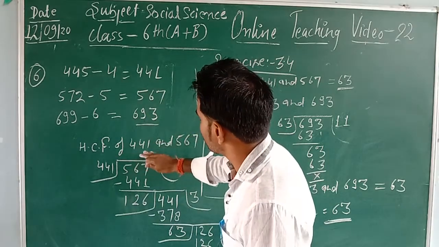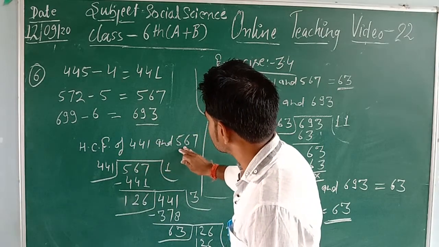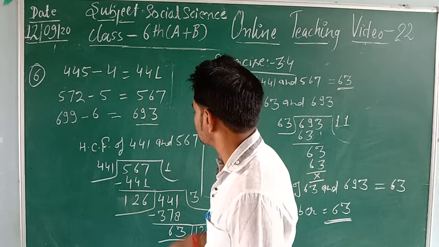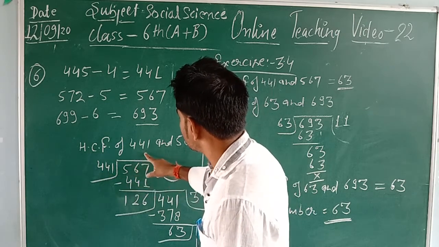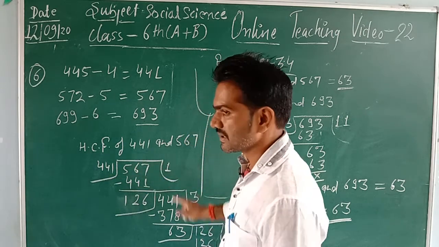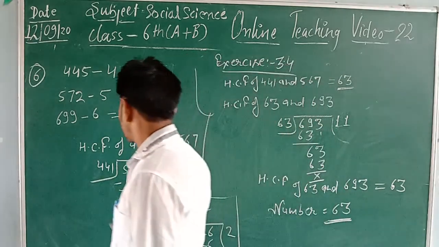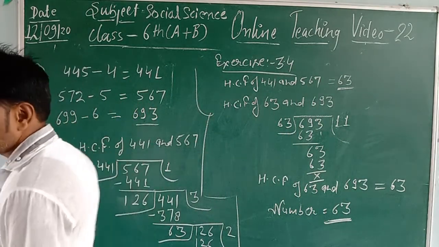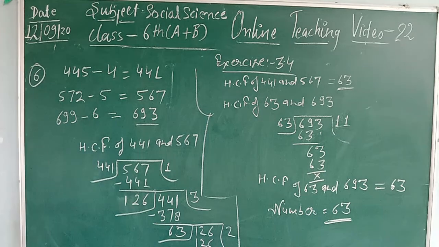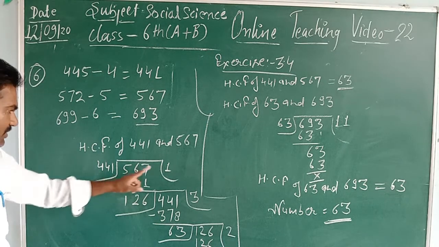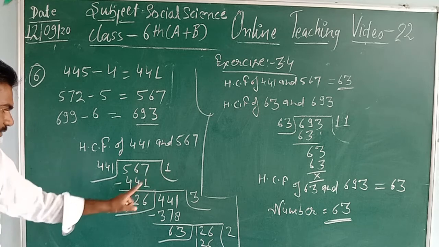The smaller number is 441 and the bigger is 567, so 567 is divided by 441.